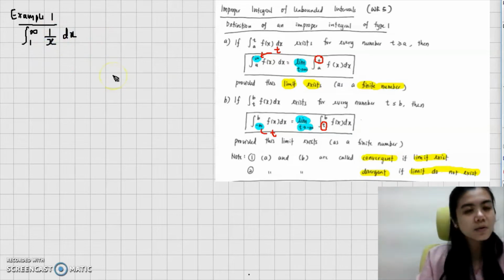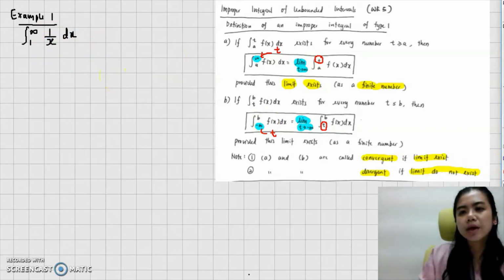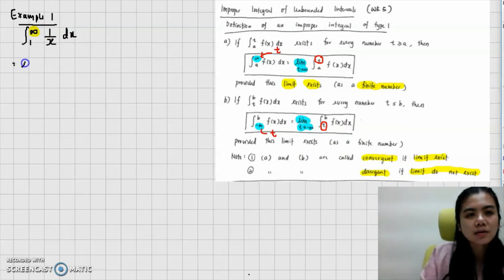If we look at this example, same thing. We have an infinity here. So what you have to do, first of all, is add a limit in front of the symbol of integration. Put it as t approaching this infinity, and write back the symbol of integration and change this one to t.